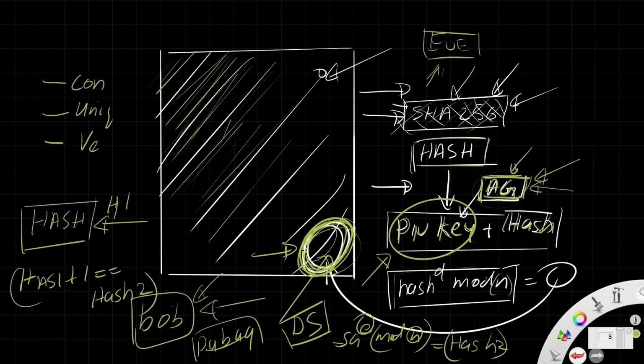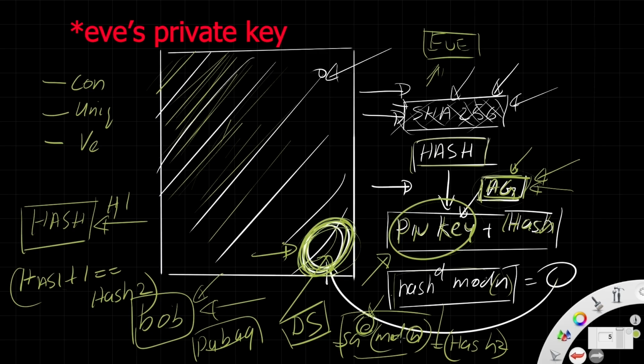The only difference is that instead of AG's private key, it is Eve's key. Now what happens? Bob has the public key of only AG, not Eve. So when Bob tries this equation, it is going to fail because this public exponent is paired with AG's private key and not with Eve's.